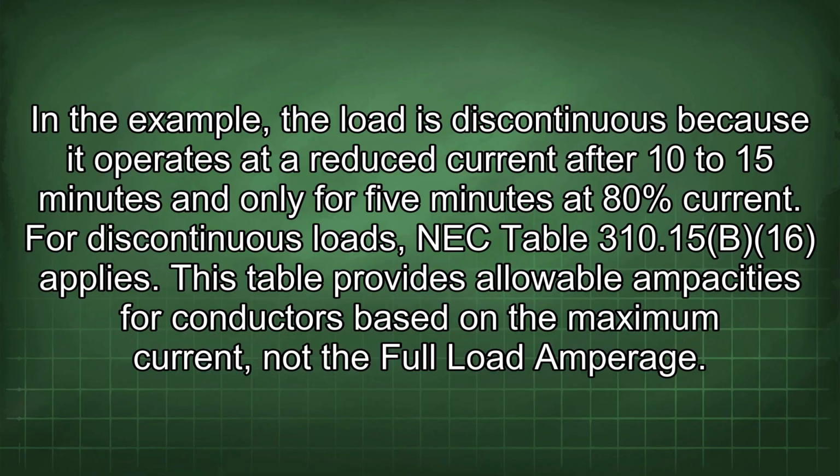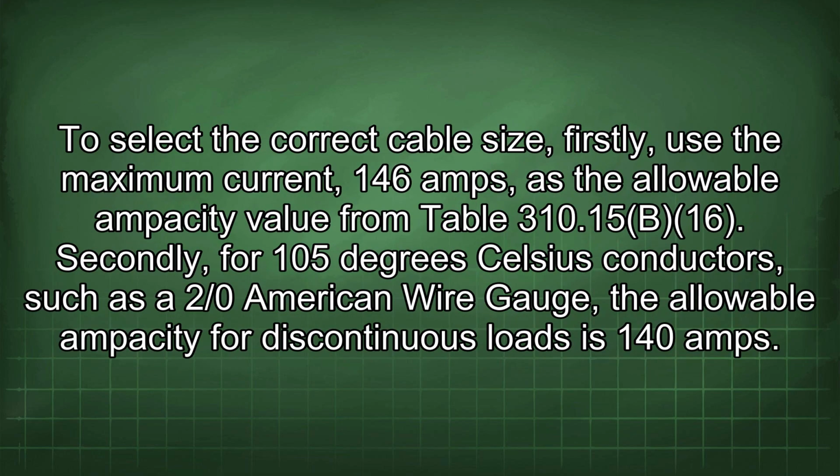For discontinuous loads, NEC Table 310.15(B)(16) applies. This table provides allowable ampacities for conductors based on the maximum current, not the full load amperage. To select the correct cable size, firstly, use the maximum current, 146 amps, as the allowable ampacity value from Table 310.15(B)(16).